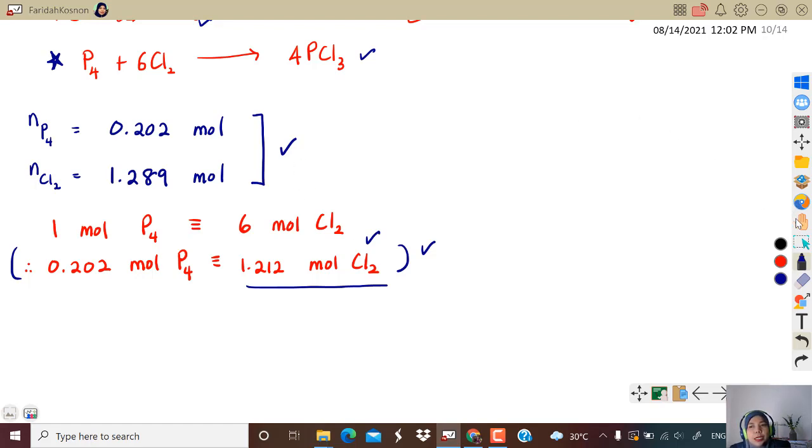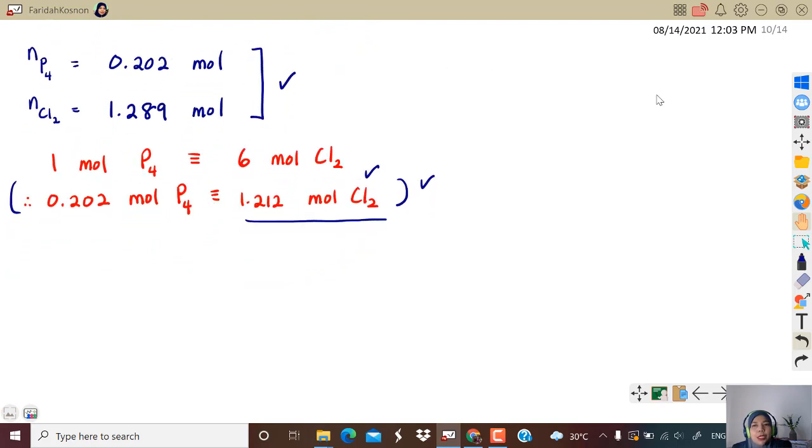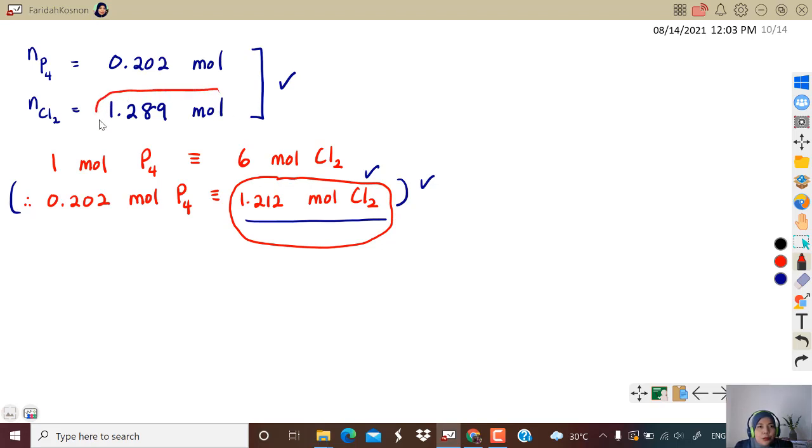Okay, jadinya sekarang kalau awak tengok kat sini, kita perlukan 1.212 mole chlorine. We have 1.289 mole of chlorine. Jadi yang perlu tu 1.212 sahaja, tapi saya ada 1.289.